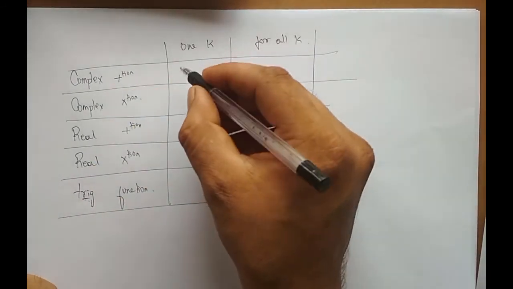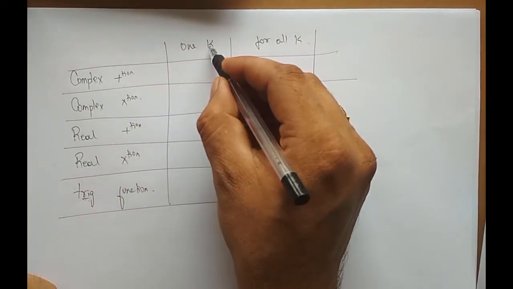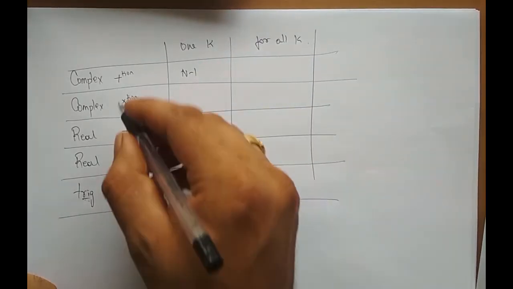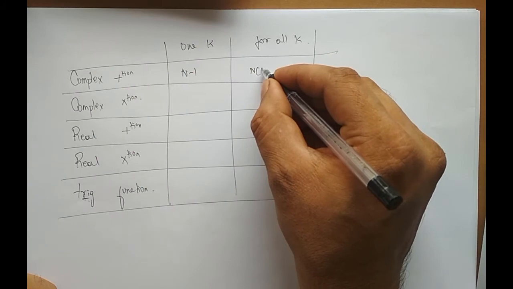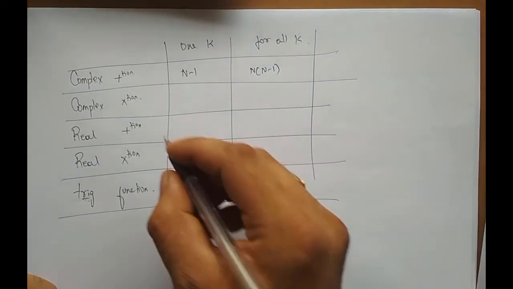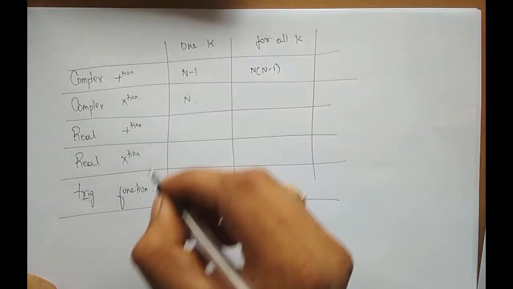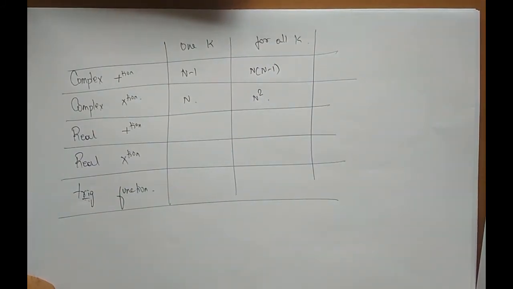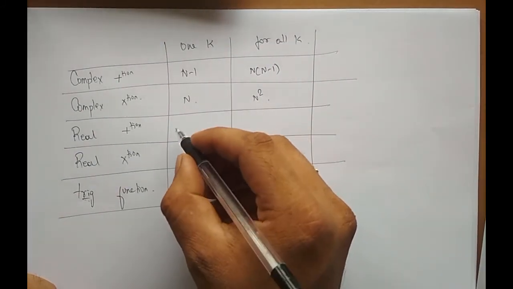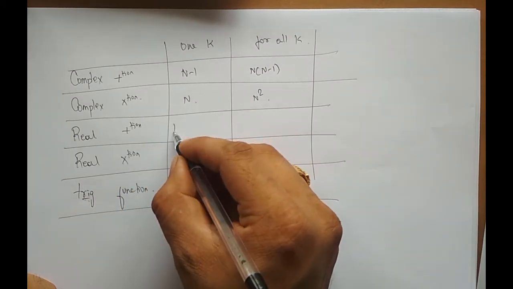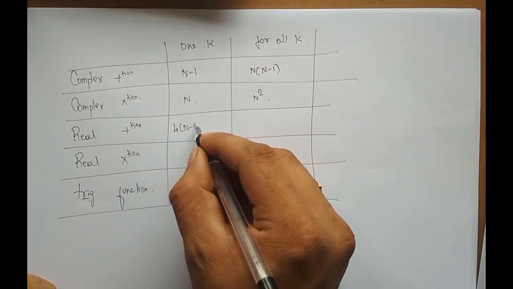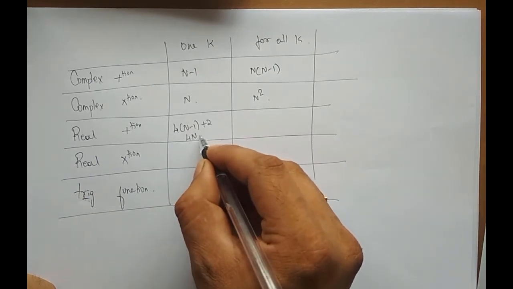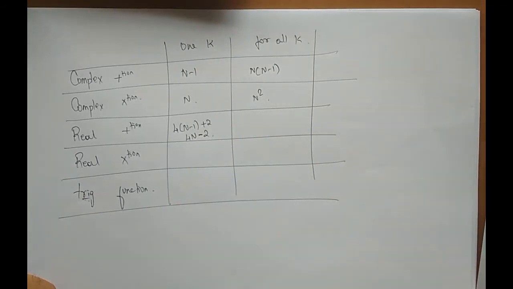So for 1k it requires n minus 1 complex additions. For all k it requires n times n minus 1 complex additions. For 1k it requires n complex multiplications. This requires n square complex multiplications. This requires 4 times n minus 1 plus 2, which is equal to 4n minus 2 for one value of k.